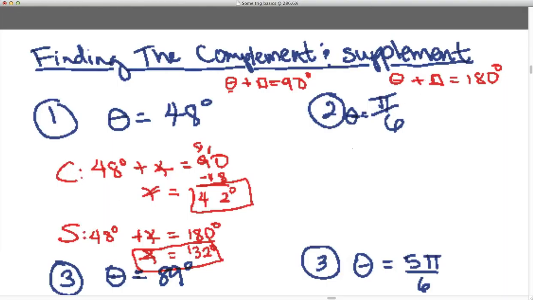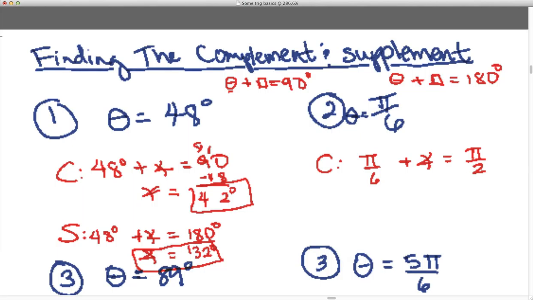Let's look at this. Pi over 6, if you did it in degrees, that'd be 30 degrees, but let's just keep it in radians, just so it doesn't throw you off if you see it on a test or a quiz. Plus some angle equals pi over 2, the radian measure for 90 degrees.